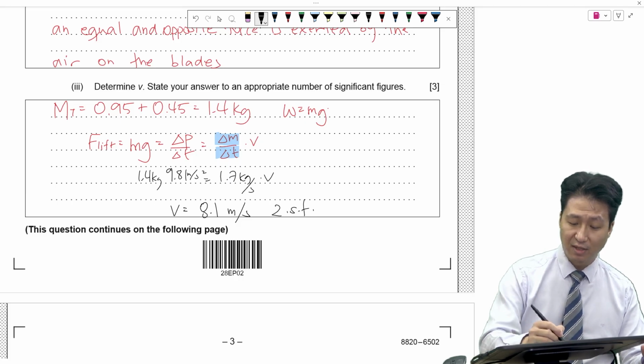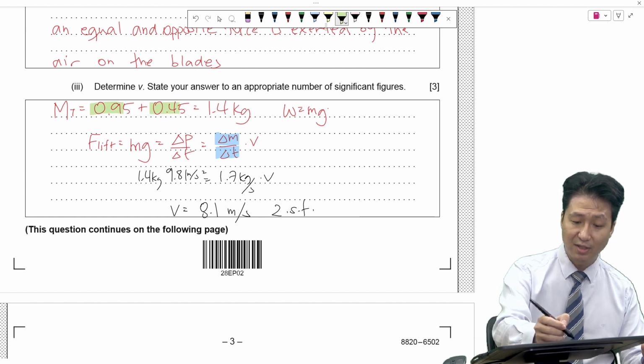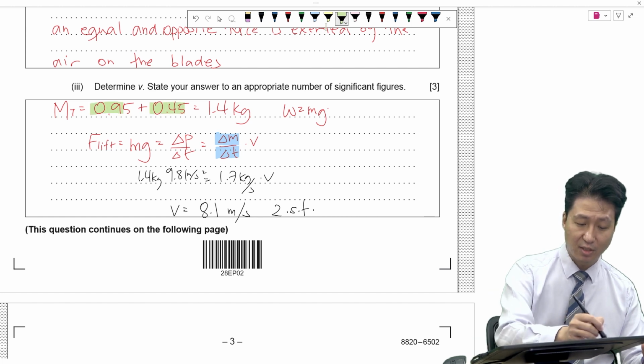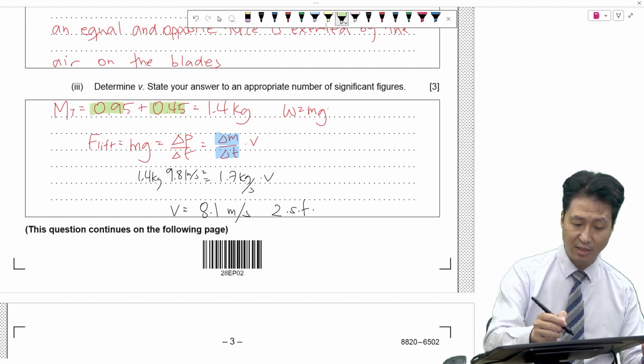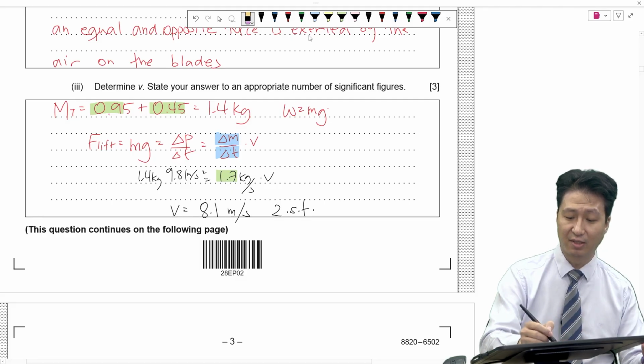And we used two significant figures because most of the values of mass and the values for the number of kilograms per second are all in two significant figures. So the answer should be in two significant figures.